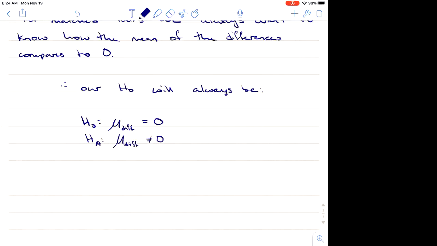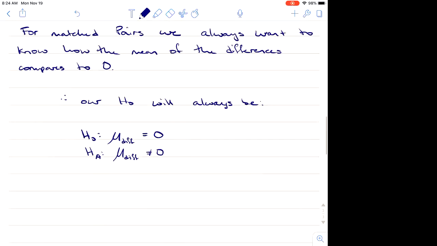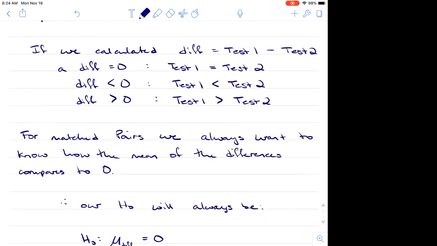The reason that I'm not going to talk about mu diff less than 0 or greater than 0 is because it's hard to extract that. If test 1 has to be greater than test 2, first of all, it depends on how you calculated your differences. I said as long as you're consistent, you could have done test 2 minus test 1, and that would reverse it.